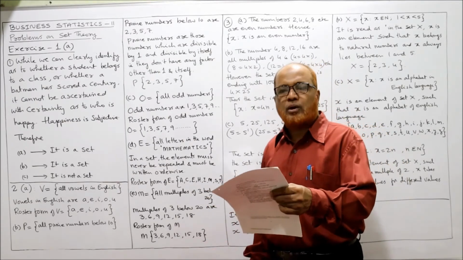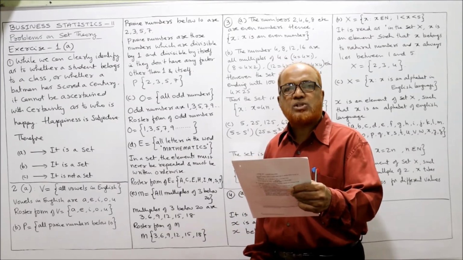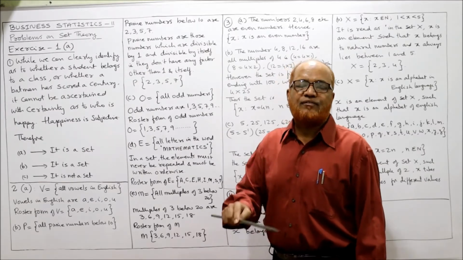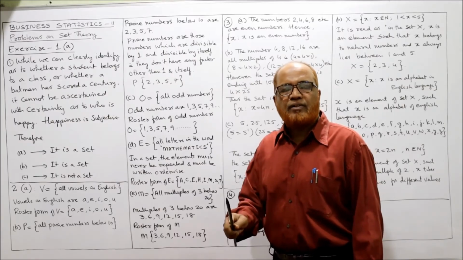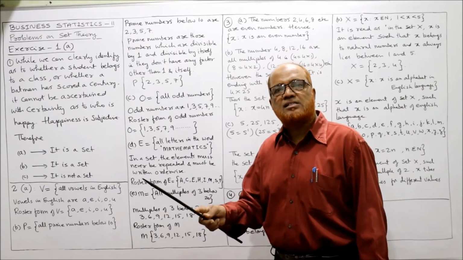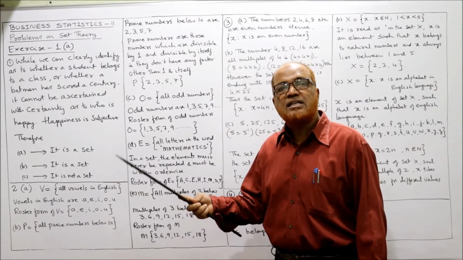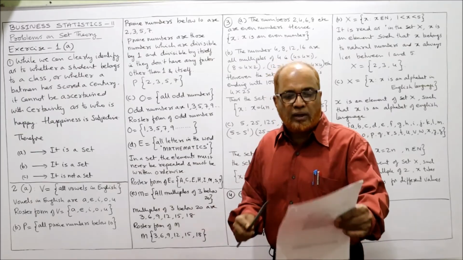Next, M is equal to, the last sub question. M is equal to all multiples of 3 below 20. That means you have to remember the 3 table. 3 1s are 3, 3 2s are 6, 3 3s are 9, 3 4s are 12, 3 5s are 15, 3 6s are 18, 3 7s are 21. But we should not go to 21.